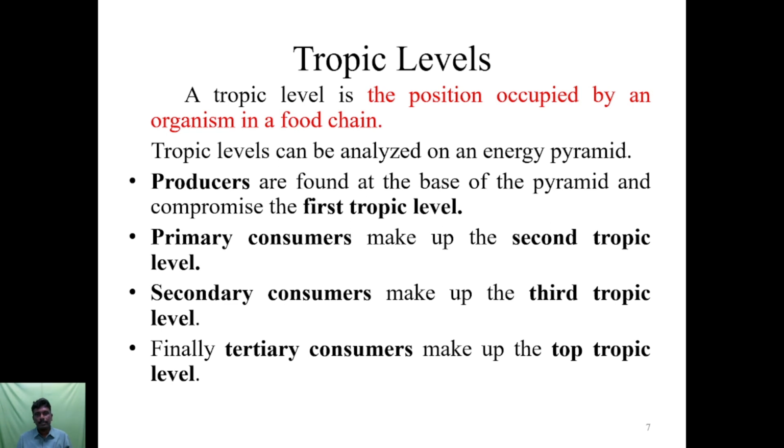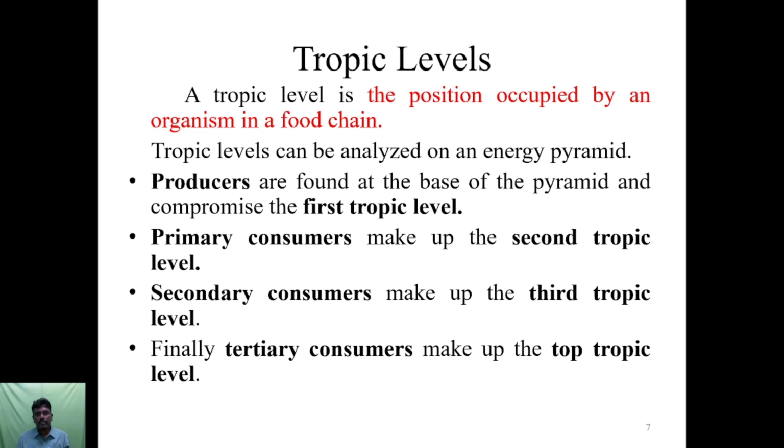The next topic in ecosystem, trophic levels. It is the position occupied by an organism in a food chain. It can be analyzed on an energy pyramid. By using the energy pyramid, they analyze the different stages involved in trophic levels.